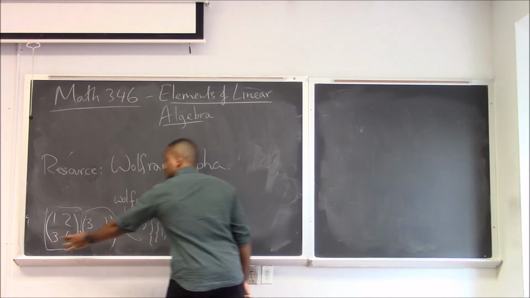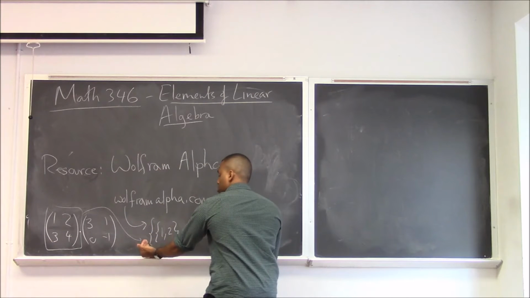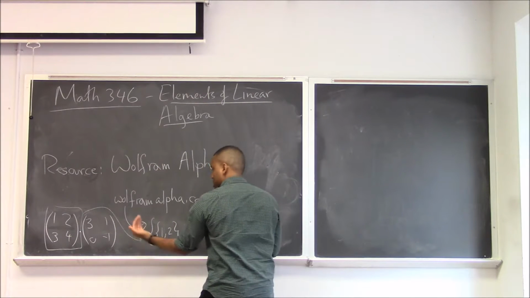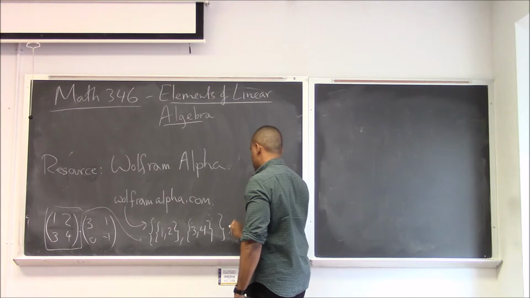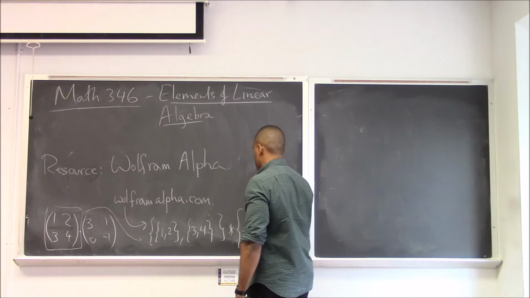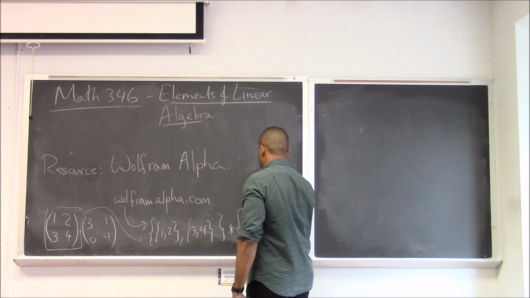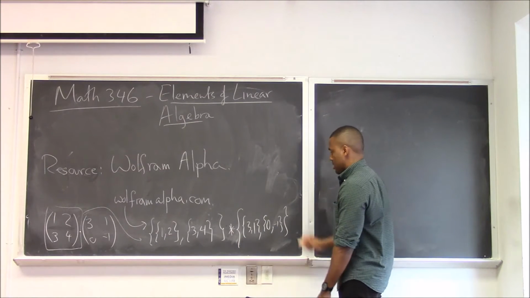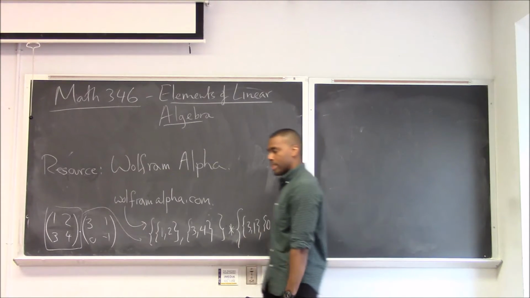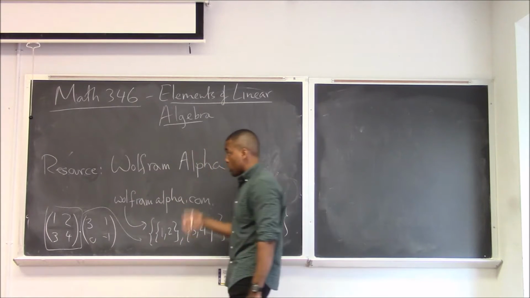You just define the second row. And then when you put the squiggly brackets around all that, that's a matrix. Where this is the first row, that's the second row. Then you put multiply, which is the asterisk. And then you put 3, 1, and 0, -1. And press enter and it will actually give you the answer. All right, so it's a nice thing to check your work.